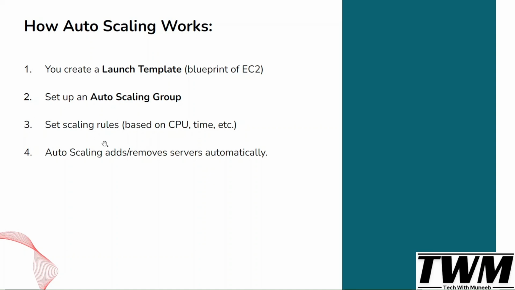And we apply scaling rules based on CPU or memory. For example, if a server hits 70% CPU utilization, another instance should be configured on the basis of the launch template. Auto scaling will add or remove the servers automatically.